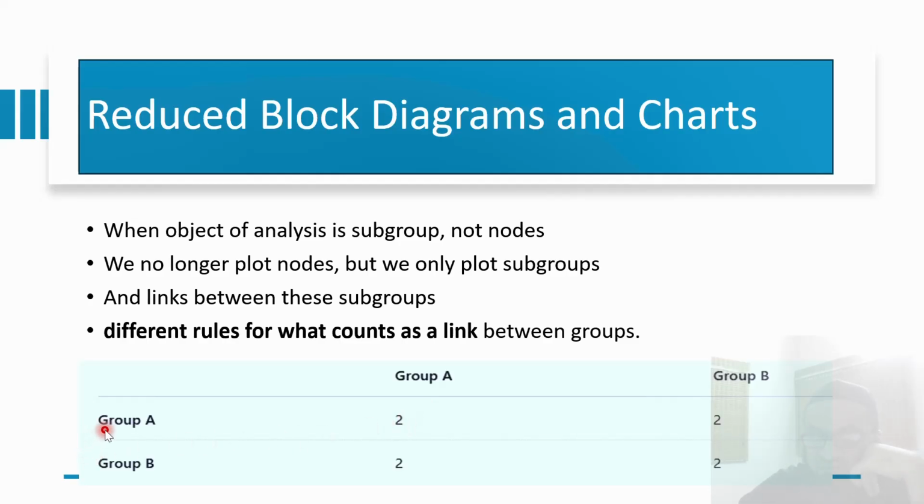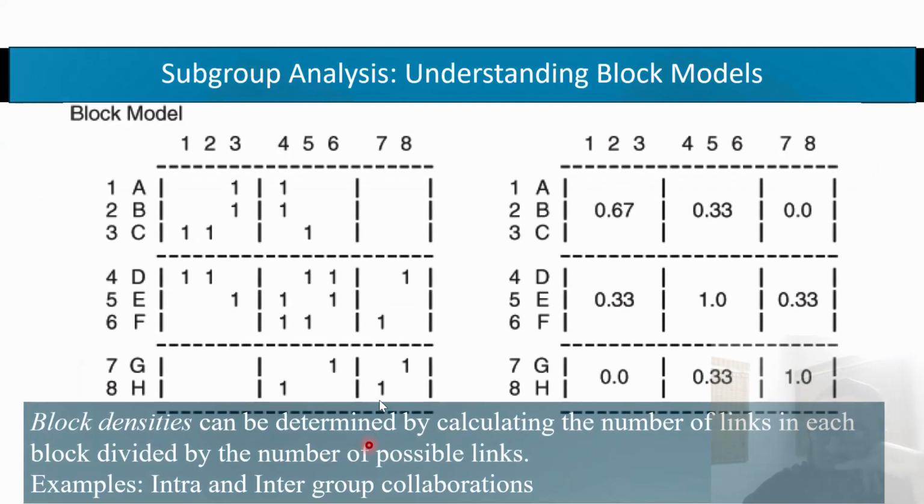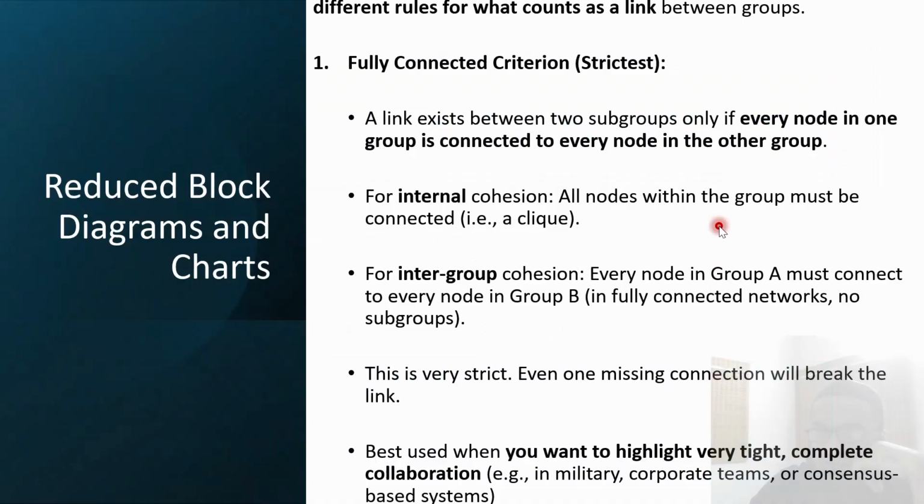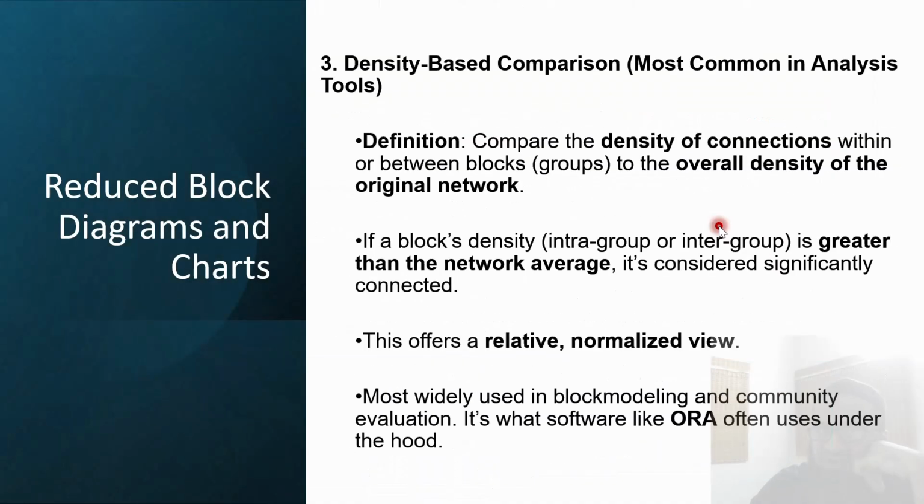If the density between group A and group B, as we just worked out over here, these are the densities, right? For each of these densities, if they exceed the overall network density, there will be a 1 over here. If they are less than the overall network density, there will be a 0 over here. So this way of mapping the subgroup matrix is known as the density-based comparison.